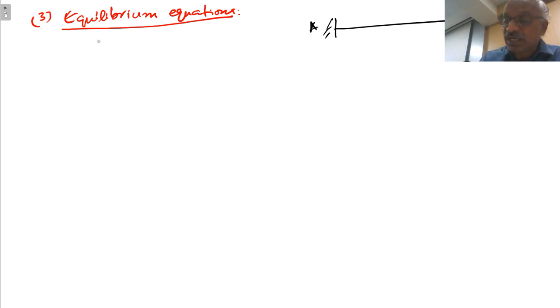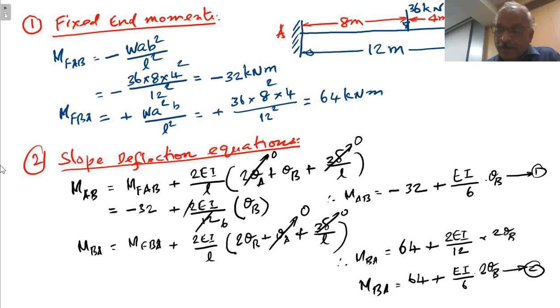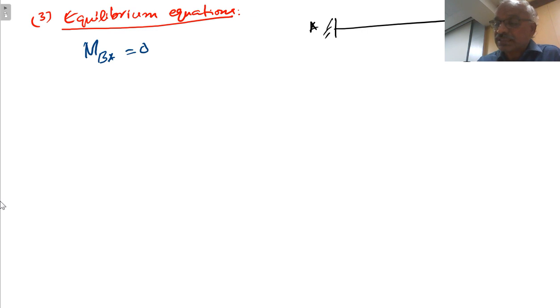Therefore, the equilibrium equation here is MBA equal to 0. So this is the only equilibrium equation. Now coming to MBA, MBA is 64 plus EI by 6 into 2 theta B. Let us verify again.